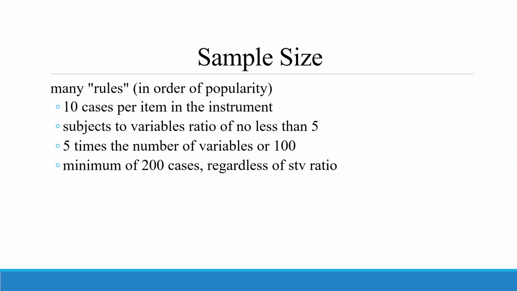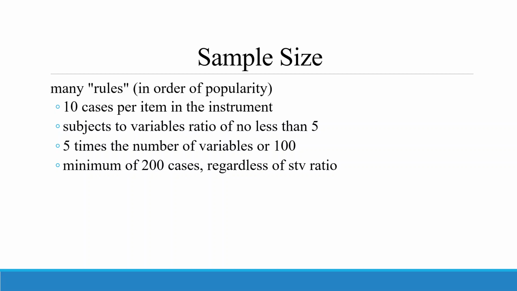Now, there are some more methods to calculate the sample size, or you can say many more rules are there. I have listed the rules according to the popularity in which they are used. The first rule is 10 cases per item in the instrument, meaning one question, 10 cases. Second, the subjects to variable ratio should not be less than 5.